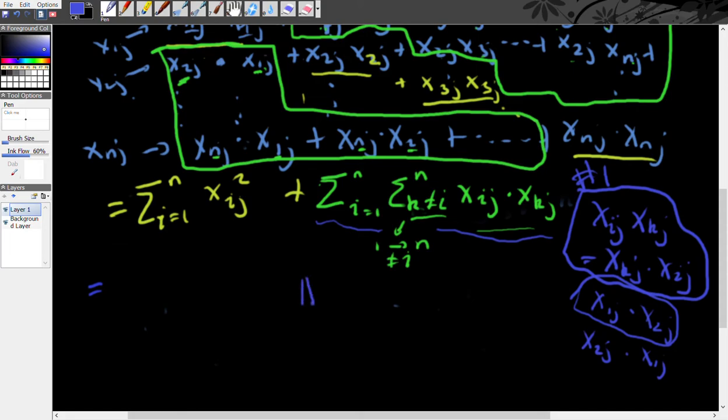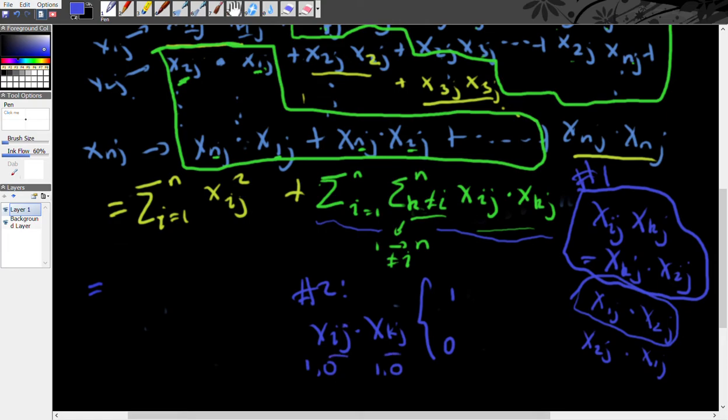Okay, so observation number 2. What is the value of xij times xkj? These both take ones or zeros, which means that when you multiply them they can only take on 2 possible values: either 1 or 0. When do they take on 1?